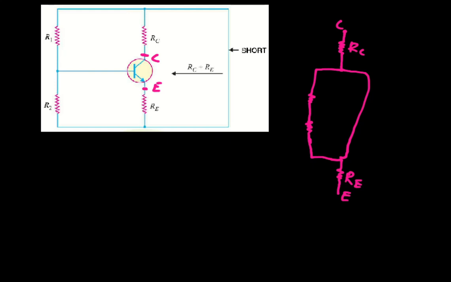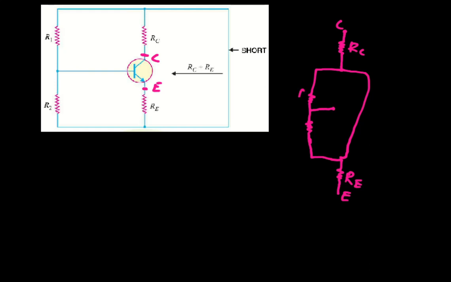So this is the analogous circuit of this one, and here we are having a base, and since collector and emitter are open, nothing is here, so it will look like this.